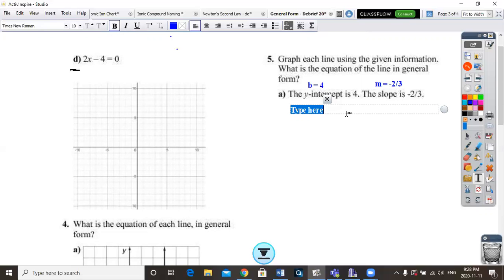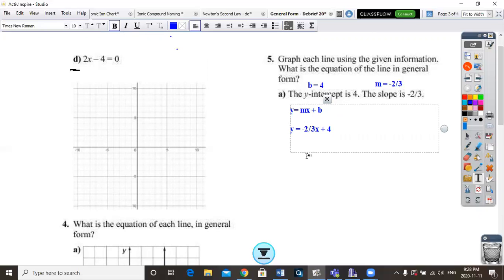So we'll begin. y equals mx plus b. That is slope-intercept. So y equals -2/3 x plus 4. So our next step is to multiply everything by 3 in order to remove the fraction.